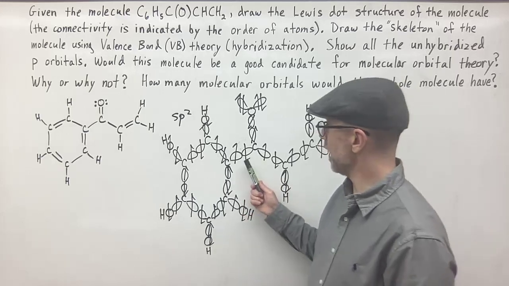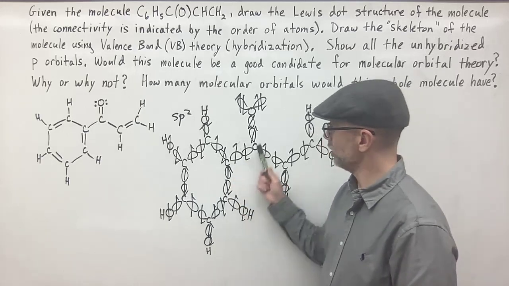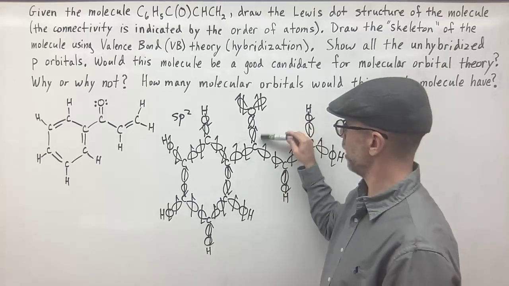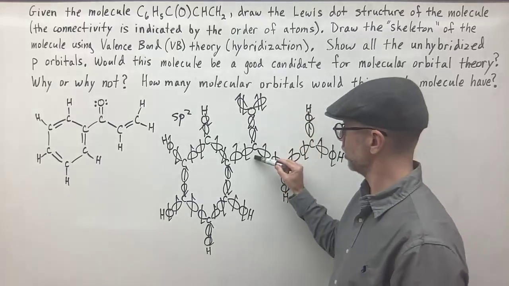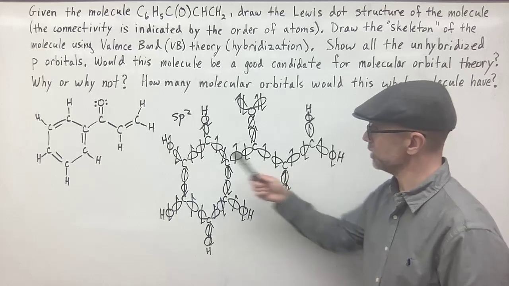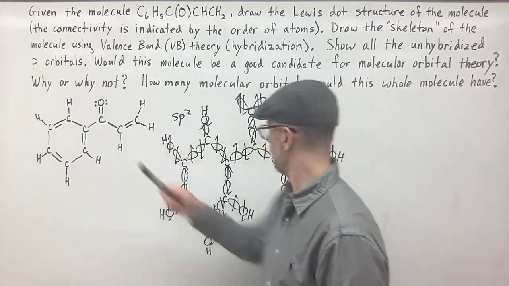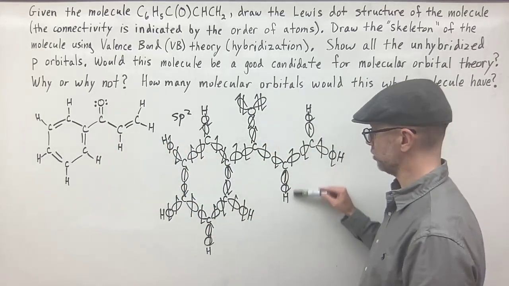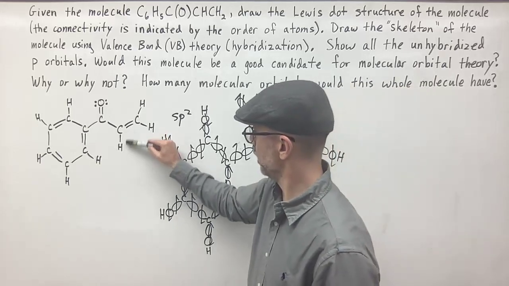And you've got a sigma bond between these two carbons. You've got a sigma bond between the oxygen and the carbon here. And you've got these sigma bonds: this bond here, this bond right there, this bond between the hydrogen and carbon right there.